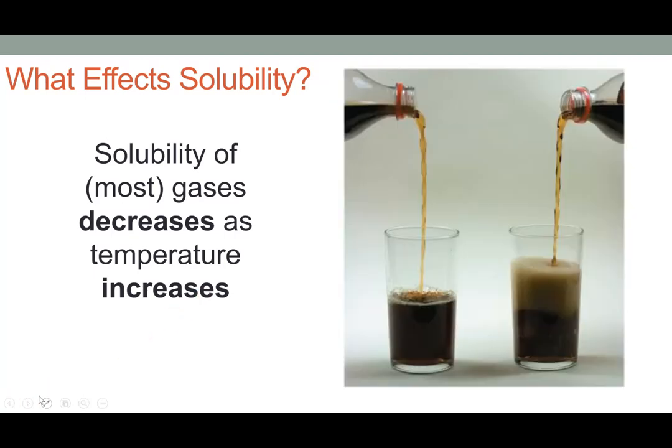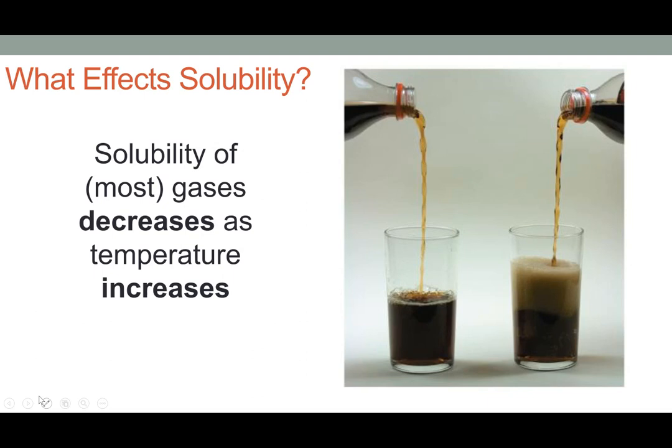Another example of this exact same principle is thinking about warm soda versus cold soda, or if you've ever worked in a restaurant or bar industry, you can think about beer as well. So if you think about pouring a beer or even pouring soda, do you keep the tap lines warm or do you keep the tap lines cold?